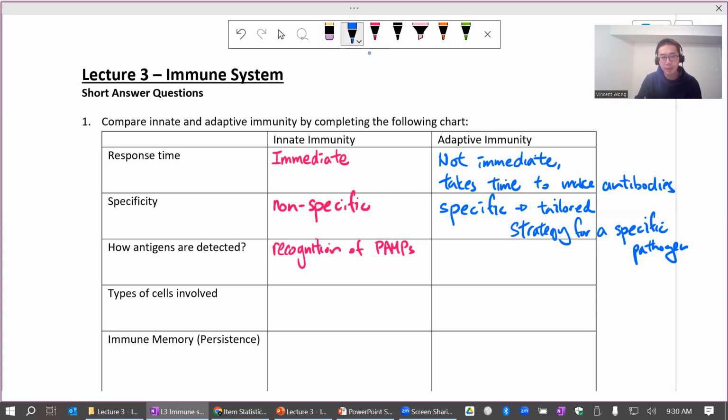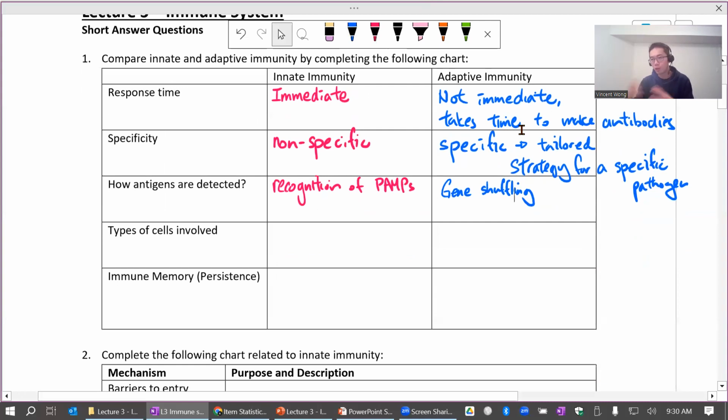As for adaptive immunity, it basically uses something called gene shuffling. Okay. Long story short, when you shuffle your genes, because genes are DNA, right? DNA contains the instructions to make the proteins.